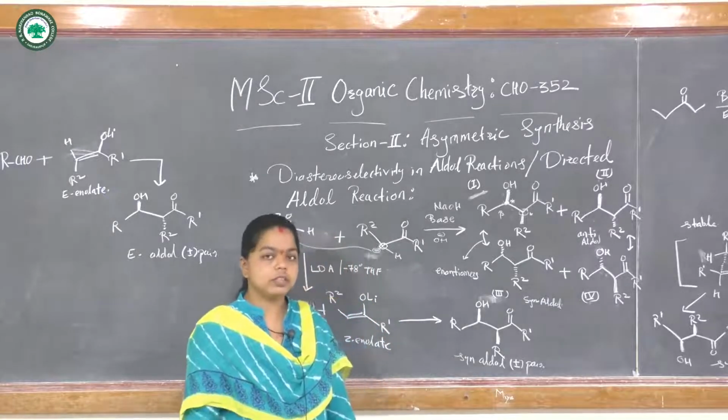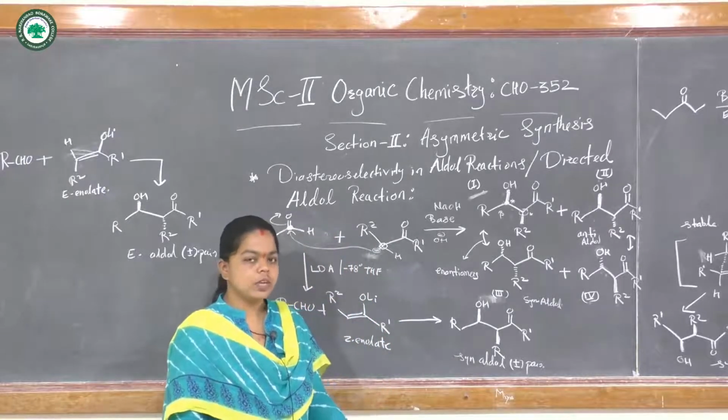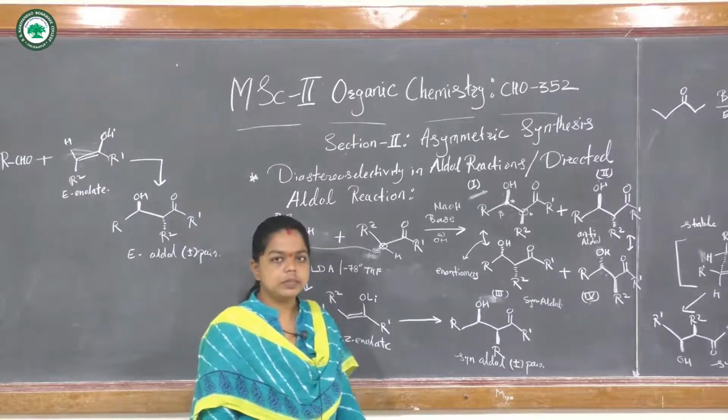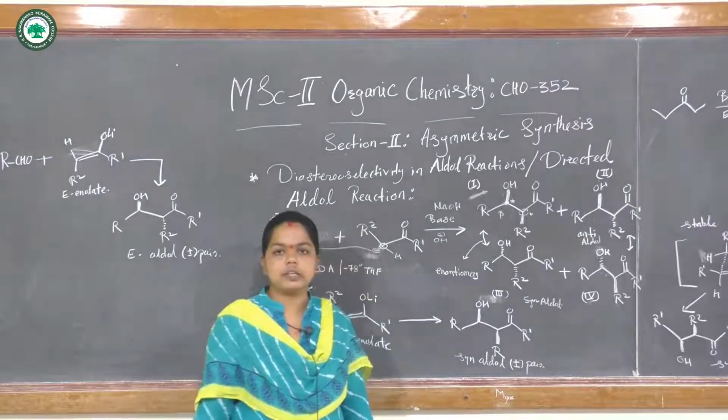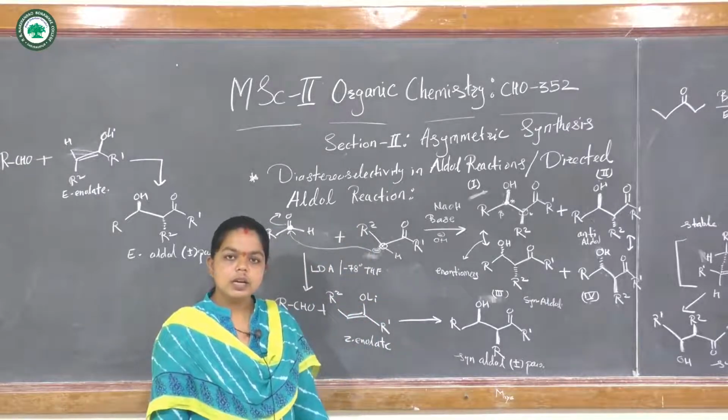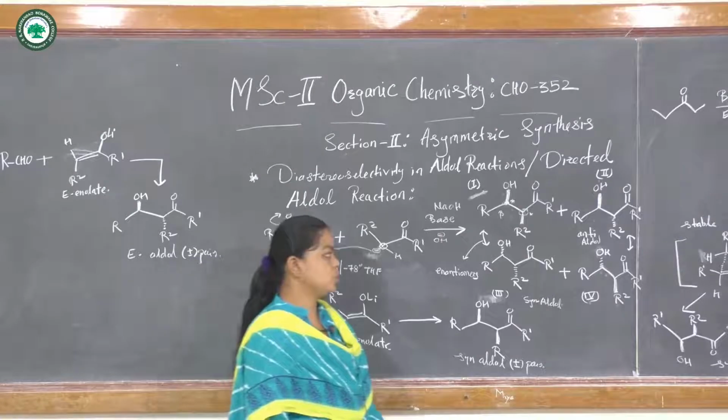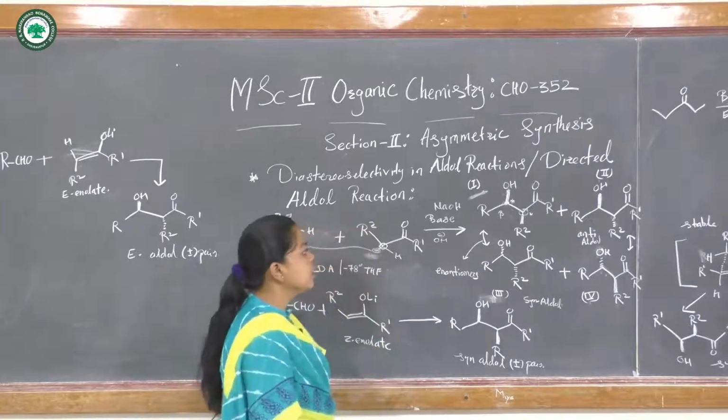So the reaction further becomes enantioselective. As diastereomers are formed, the reaction is diastereoselective, and when we form the single enantiomer from this diastereomer, it becomes the enantioselective or asymmetric reaction.